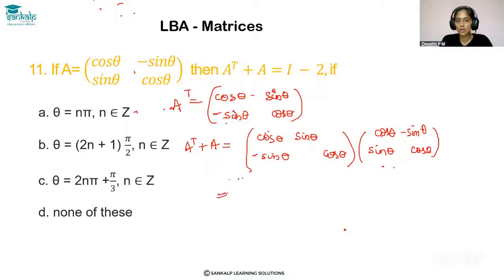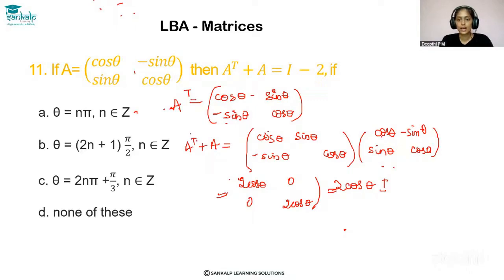So what is the answer? Cos theta plus cos theta is 2 cos theta. Sin theta minus sin theta is 0. Minus sin theta plus sin theta is 0. So it is 2 cos theta, which is equal to 2 cos theta into I.